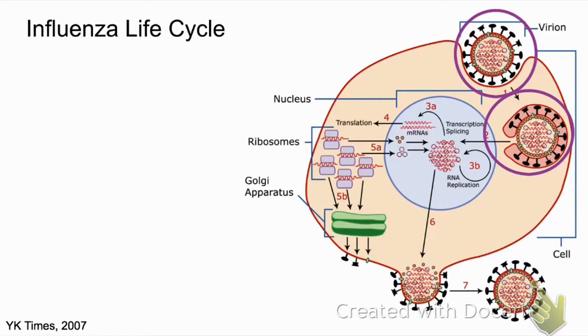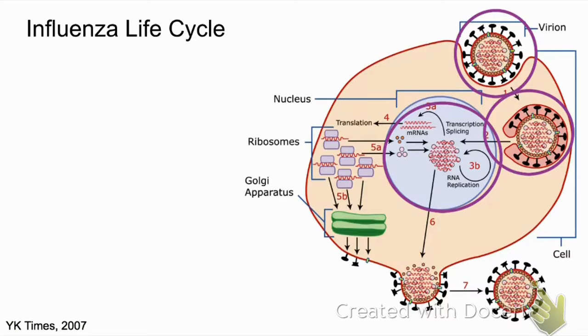Hemagglutinin and the matrix protein will change shape, allowing for the virus to uncoat. Within the nucleus, we find the segments of the viral genome undergo replication. We also find that the viral genome will produce mRNAs, and those mRNAs steal the 5' cap from their host's mRNAs.